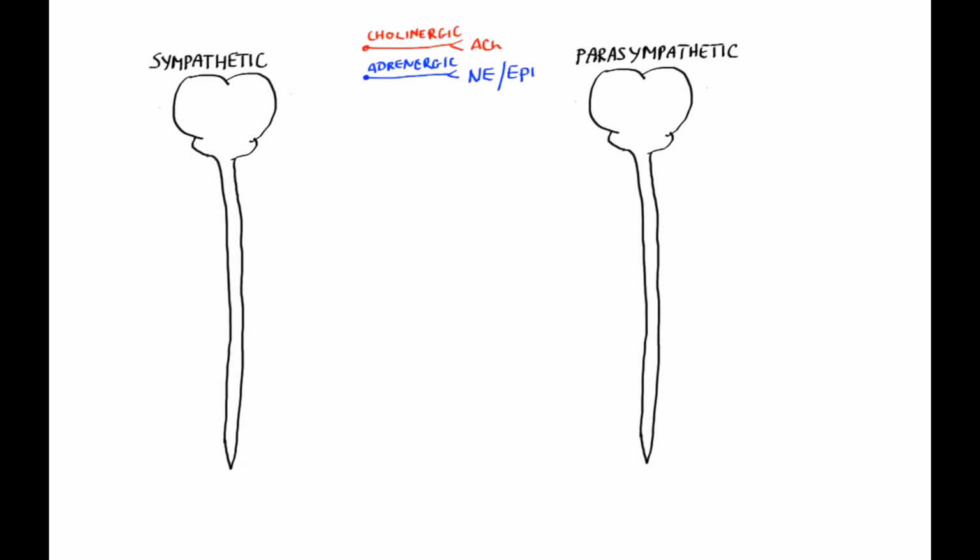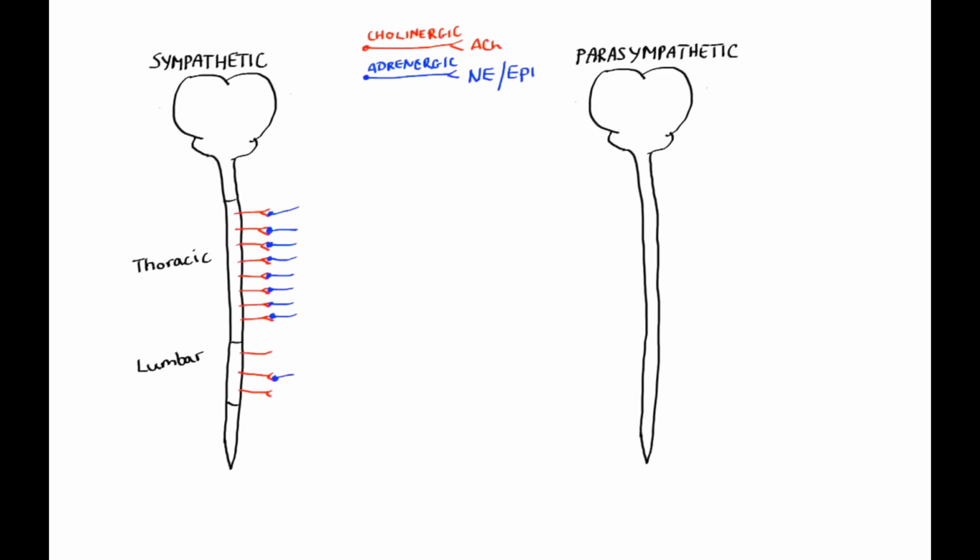Now let's take a closer look at the functions of the sympathetic and parasympathetic systems. I'm going to draw the sympathetic division on the left side and the parasympathetic division on the right side. But first, let's quickly talk about the types of neurons that we find in both of these divisions.